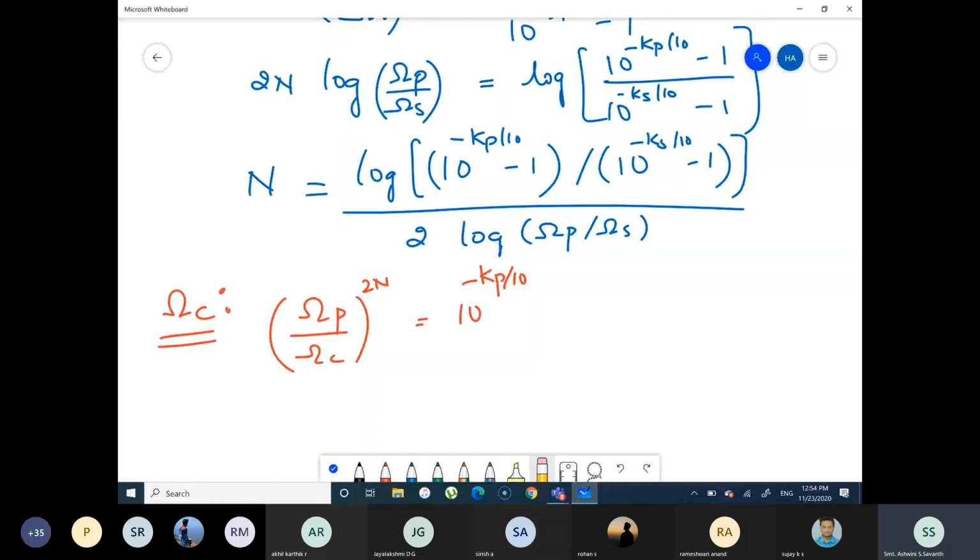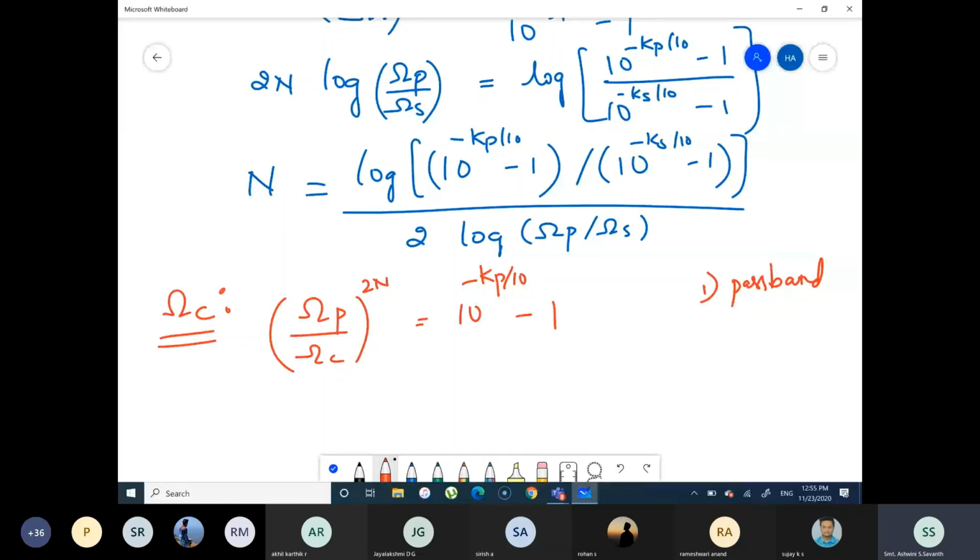Now there are 3 possibilities for us to consider omega c. The cutoff frequency lies somewhere between the pass band and the stop band. It could be closer to the pass band, closer to the stop band, or in between also.